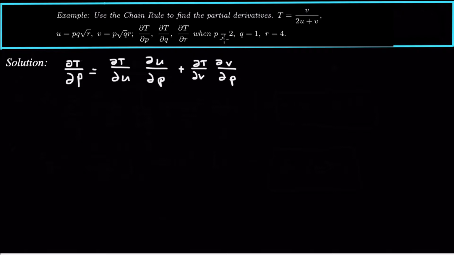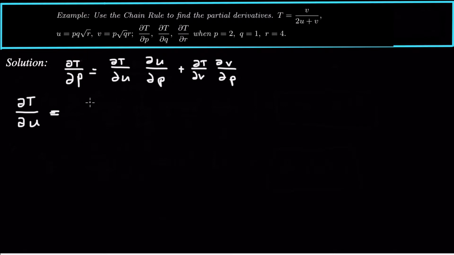Now what we're going to do is plug in p equals 2, q equals 1, r equals 4 into each of these expressions. What is partial t, partial u? It's equal to differentiating this function t with respect to u. That looks like a chain rule differentiation to me because I have a u in the bottom and then v is treated like a constant.